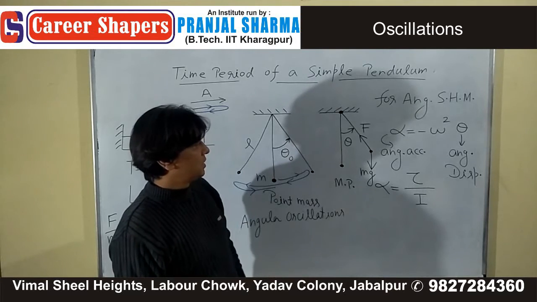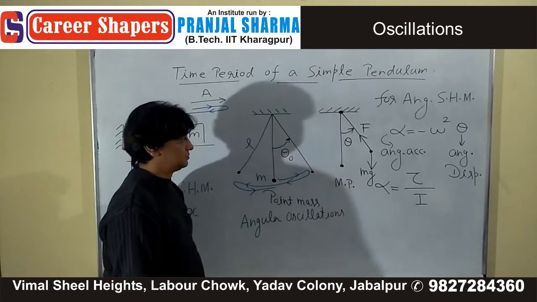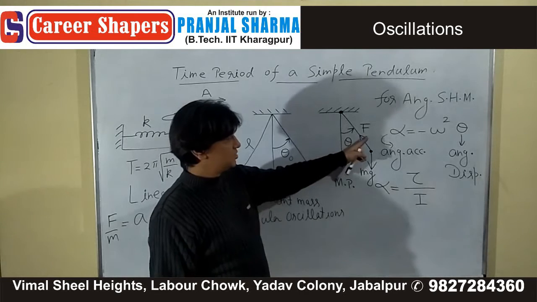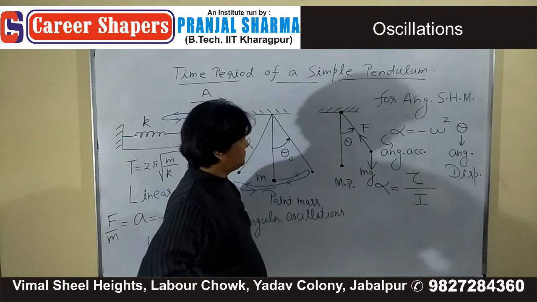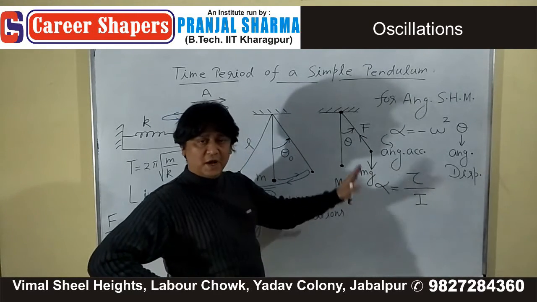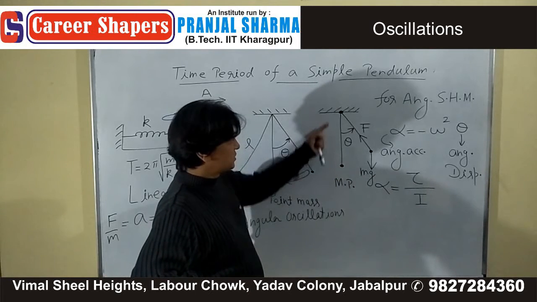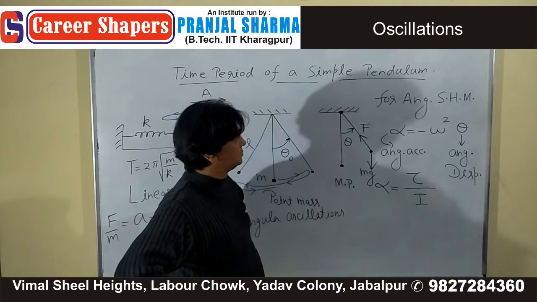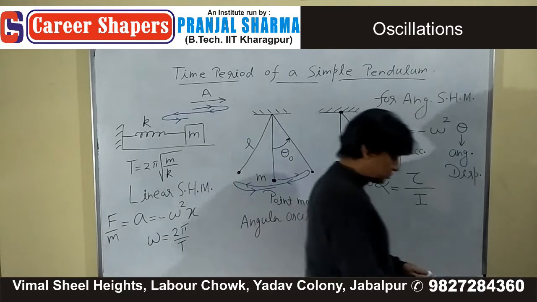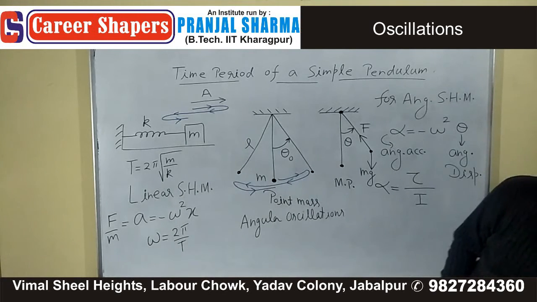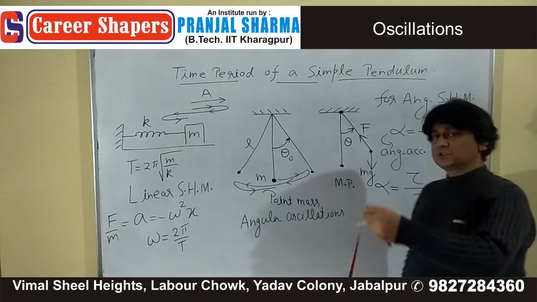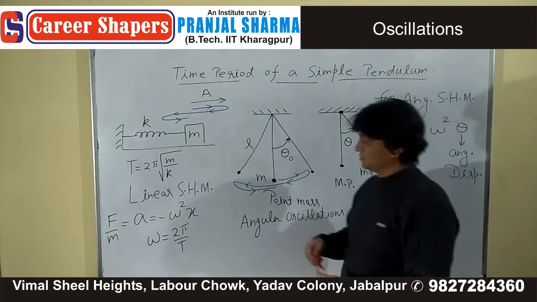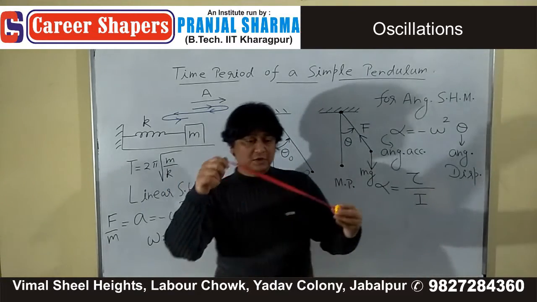Since tension force F all the time passes through the axis of rotation, its torque is always 0.